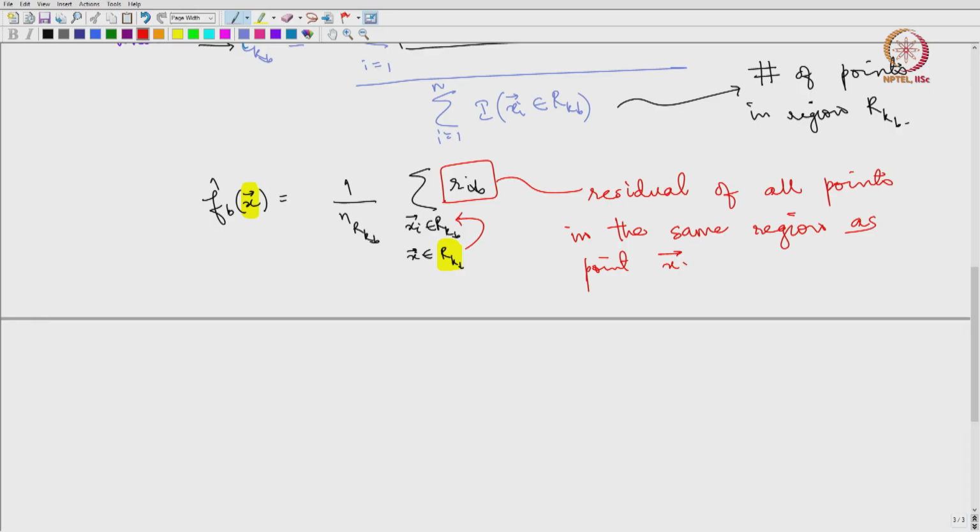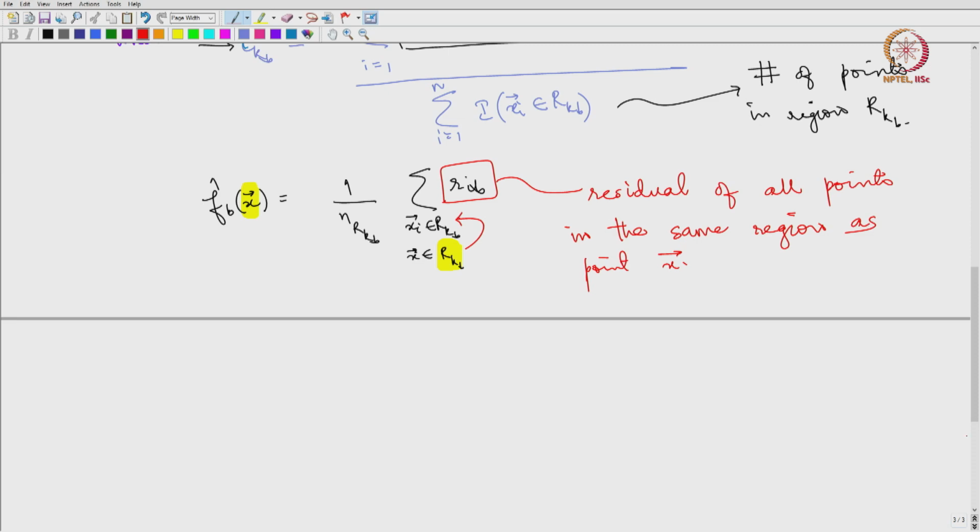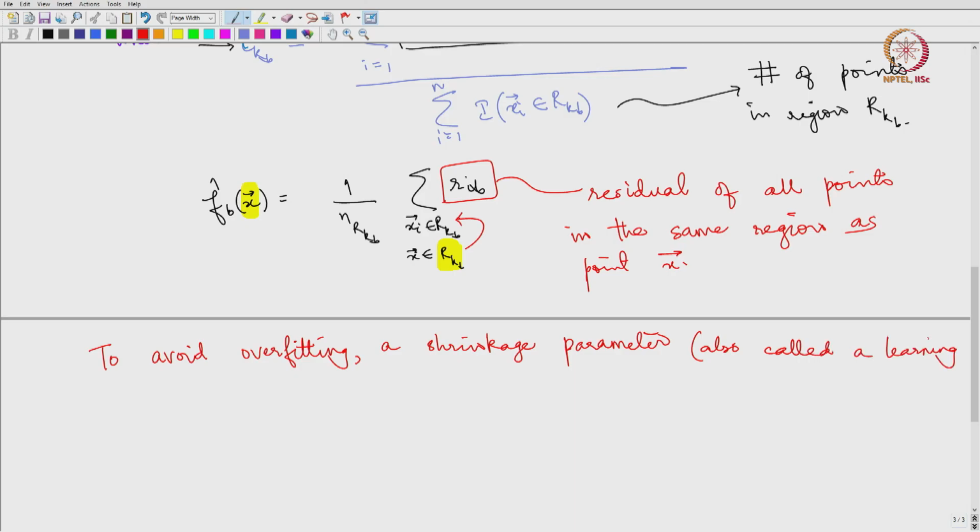However, in practice you implement a learning rate or a shrinkage parameter, because you do not want overfitting to happen. So, to avoid overfitting, a shrinkage parameter, which is also called a learning rate, is utilized. It looks like this: the prediction is written as the constant prediction plus nu times the sum over b going from 1 to capital B of f hat b of x.